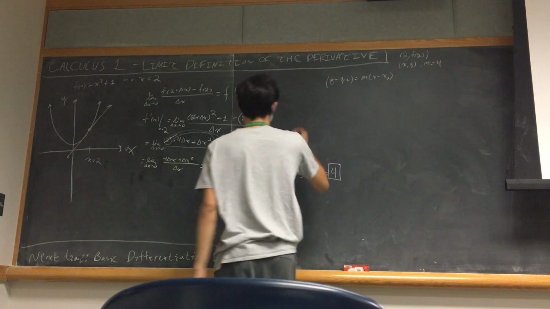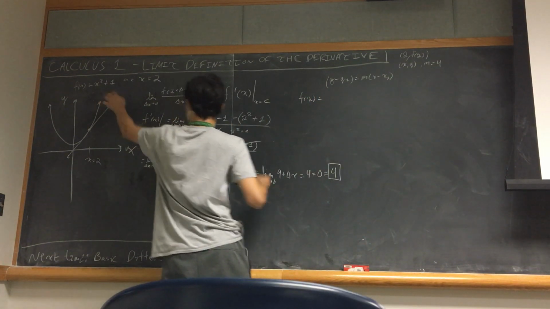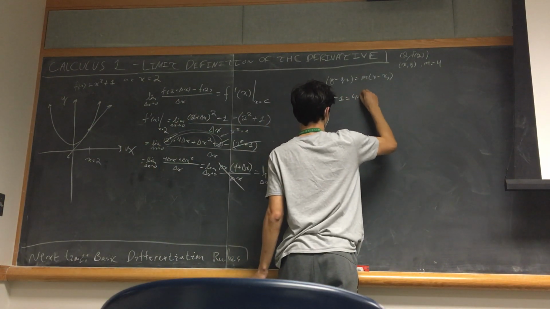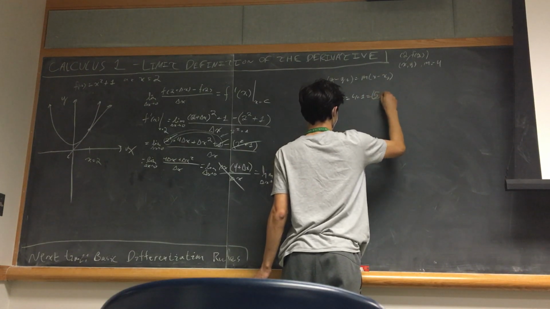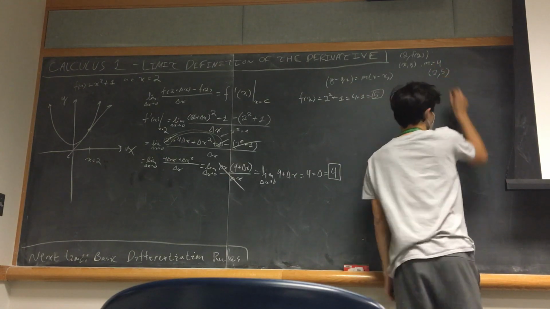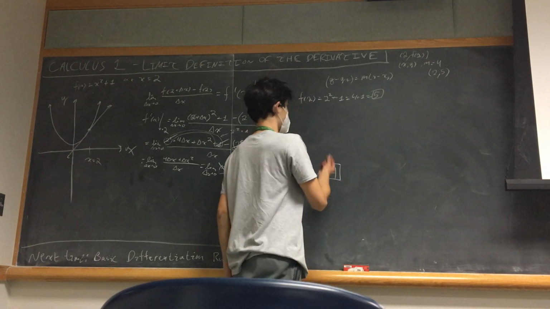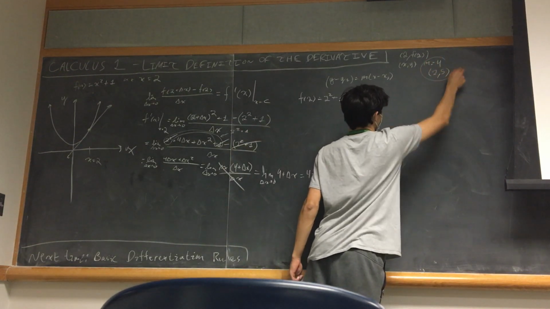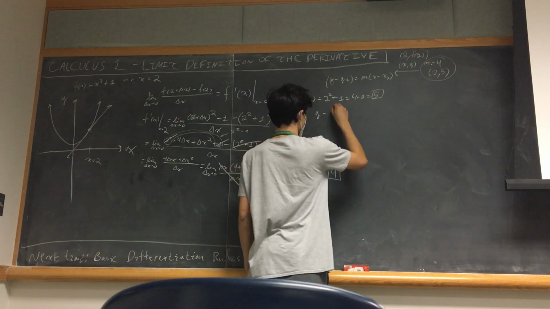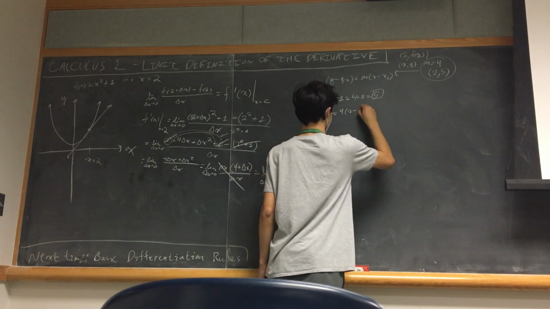So first step, we need to calculate f of 2. F of 2 is just 2 squared plus 1, which is equal to 4 plus 1, which is equal to 5. So we know that our point is 2, 5: x equals 2, y equals 5. So now we plug these values into this equation, and we get y minus 5 is equal to 4 times x minus 2.